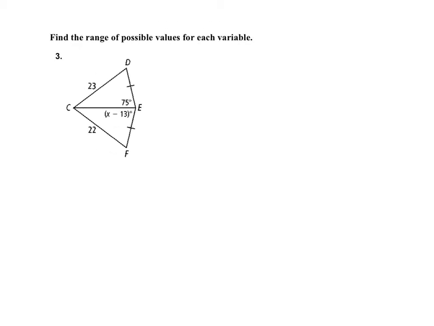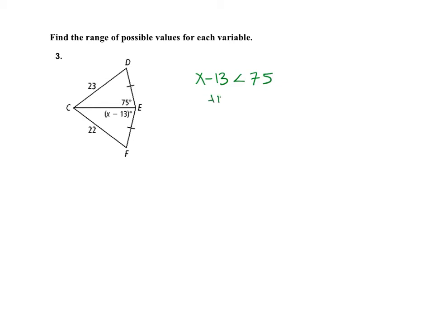Find the range of possible values for each variable. So first of all, we're going to check which angle has to be greater. I know that this side is congruent to that one. I know that this one is congruent on both triangles by the reflexive property. And this side is larger than CF. So that means that 75 has to be greater than x minus 13. So x minus 13 has to be less than 75, right?